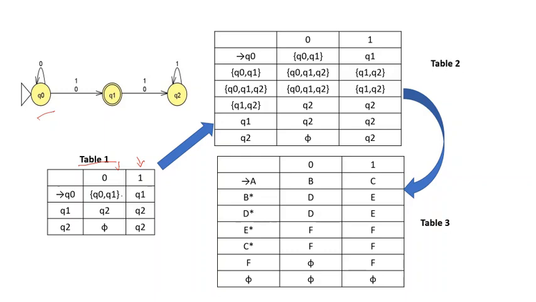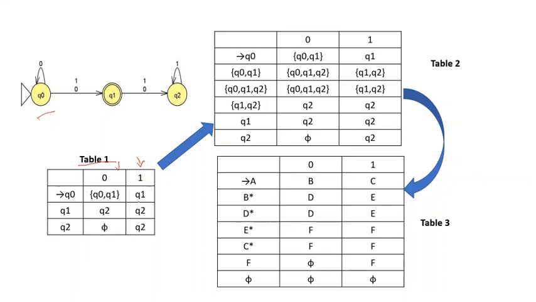From Q1, taking 0 it goes to Q2, and taking 1 also it goes to Q2. Q2 taking 0 goes nowhere, we can symbolize it as phi, and taking 1, Q2 goes to itself, Q2.